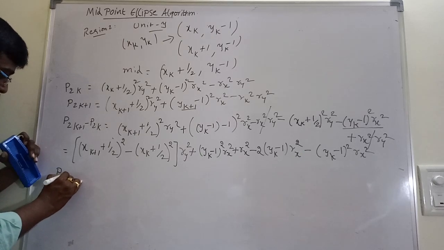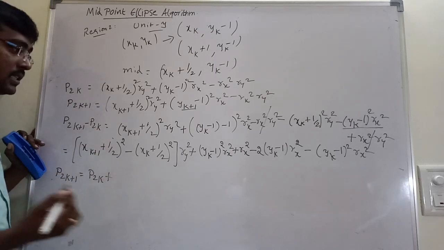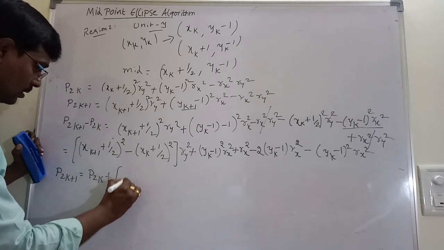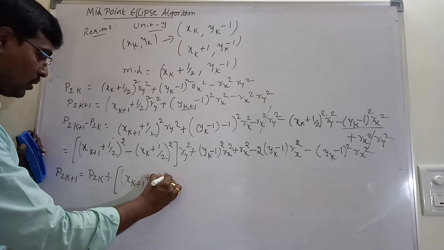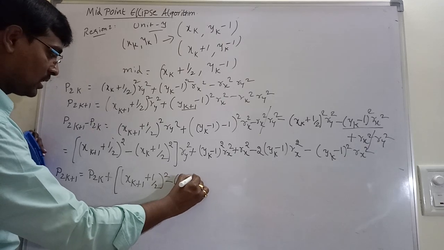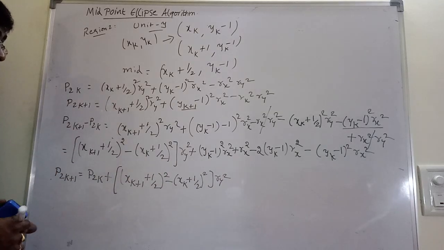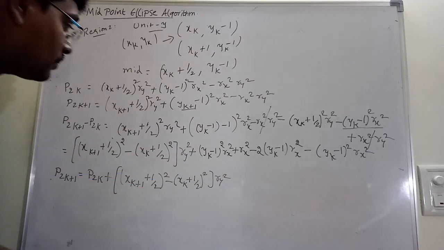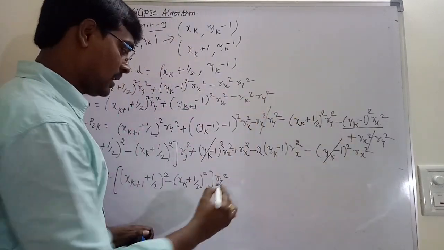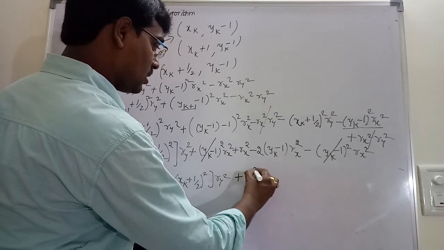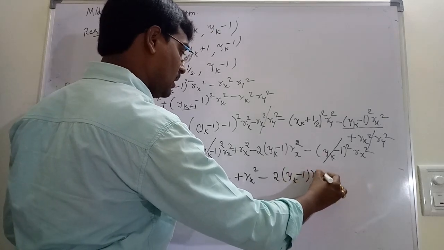So P2k plus 1 is equal to P2k plus, so this term, (xk plus 1 plus half) whole square minus (xk plus half) whole square into ry square, plus (yk minus 1) rx square, minus (yk minus 1) rx square, these two terms are cancelled, plus rx square minus 2 into (yk minus 1) rx square.